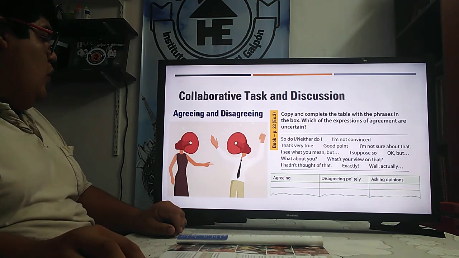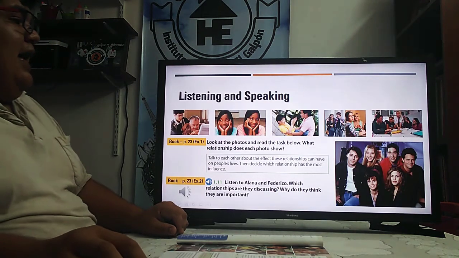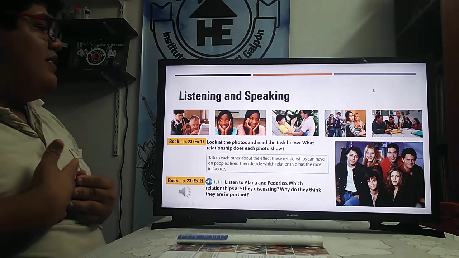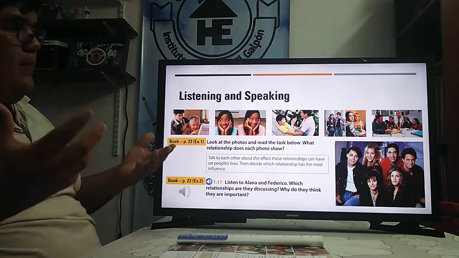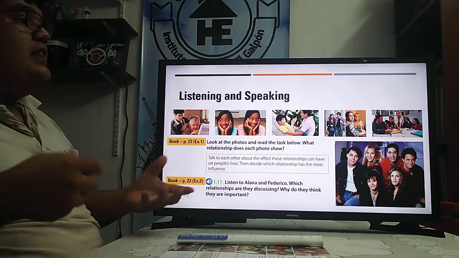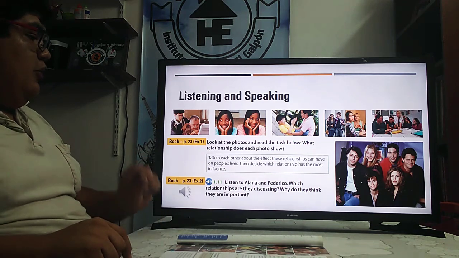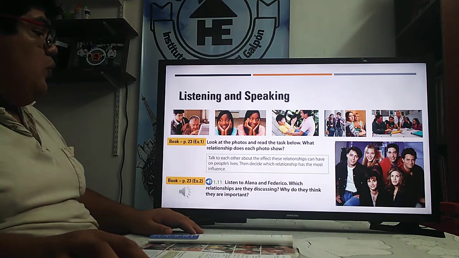Well, let's go to the next slide. Yes, listening and speaking. In this unit we talk about family, relationships, and here you can see some pictures of different people, and maybe you can guess what their relationships are, yes? This is from the book, page 23, exercise 1.